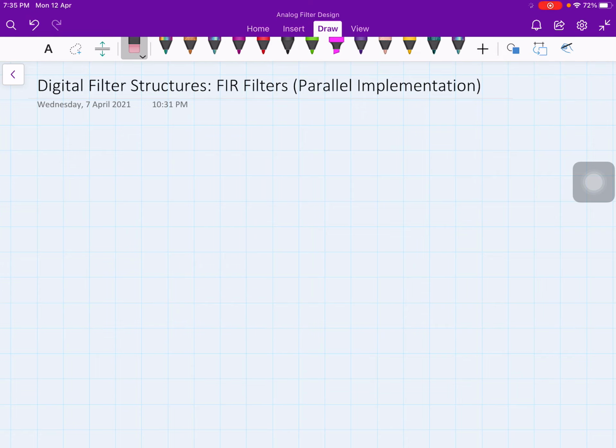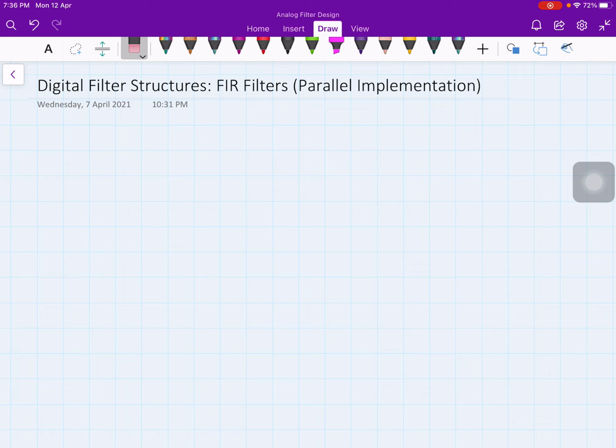Okay, so in this lecture, let us discuss the implementation of FIR filters in parallel form. Now, it is possible to do a parallel implementation of FIR filter.